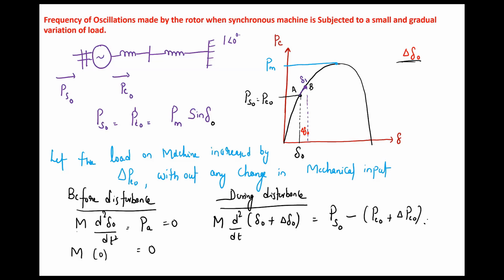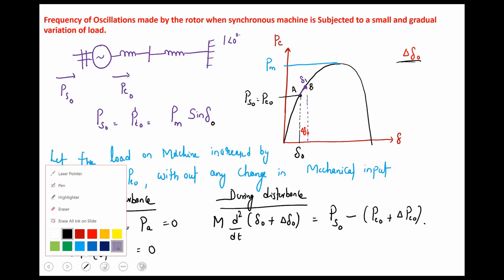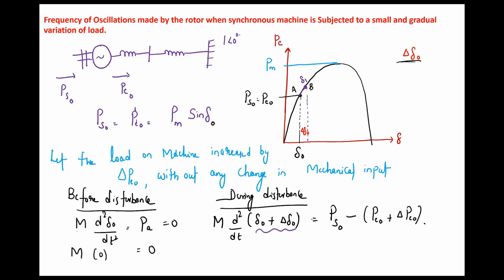Understand? So during disturbance, my delta value increases from delta naught to delta 1, which I write as delta naught plus delta naught, and my electrical output increases from PE naught to PE naught plus delta PE naught. Why? Because there is a sudden increase in the load.